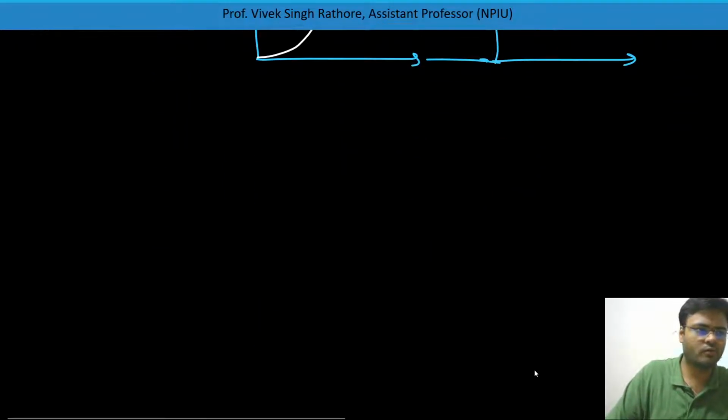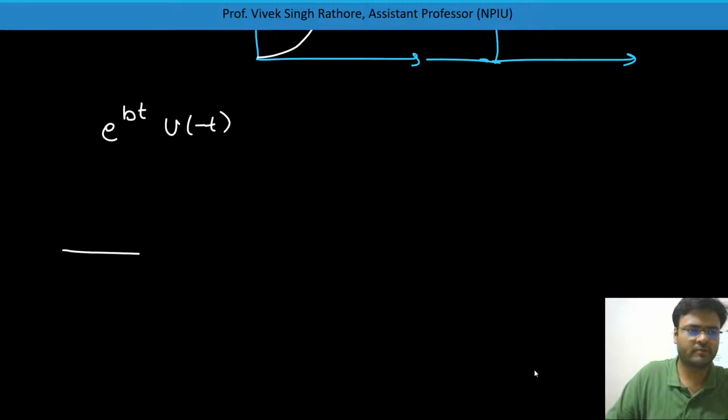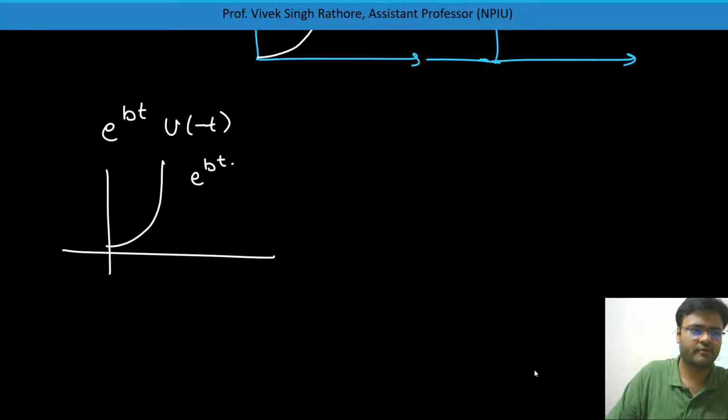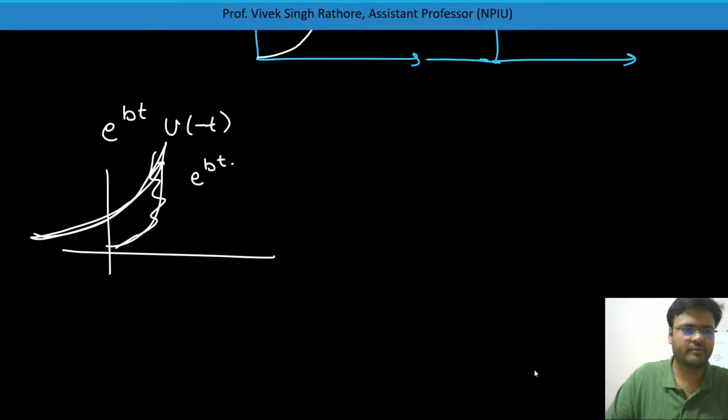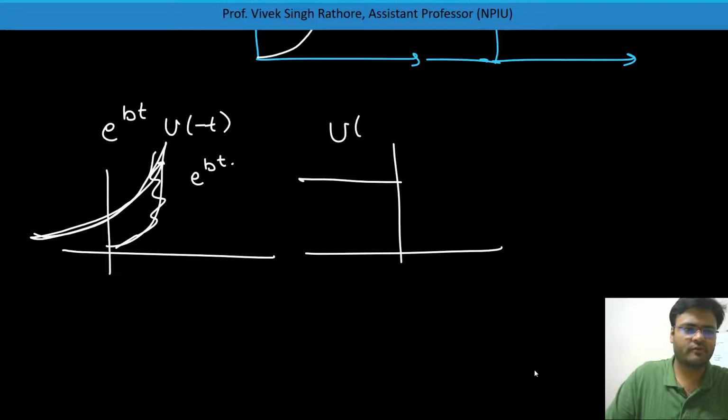If you don't know how to plot e to the power bt u(-t), you just need to multiply two signals. E to the power bt is like this. Let's suppose it is going on like this. This value is e to the power bt, and u(-t) will be there.